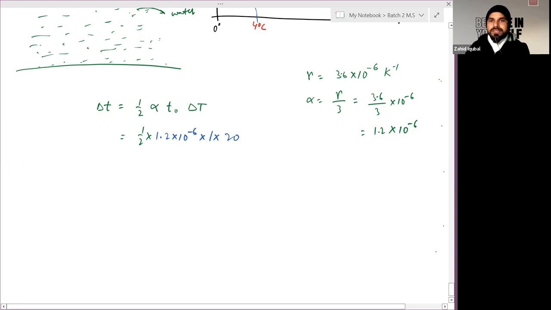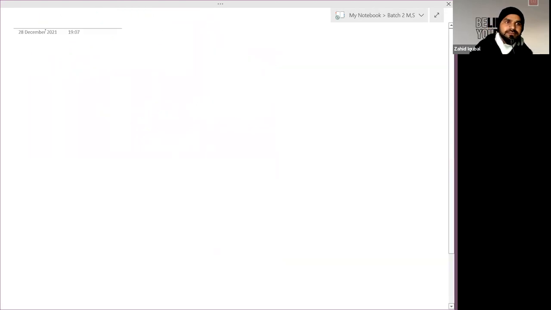So this is all about expansion of solids on heat, or heating effect of expansion. Next topic is calorimetry. Calorimetry is simply exchange of heat between bodies or systems, which results in change of their temperature or change of their state.